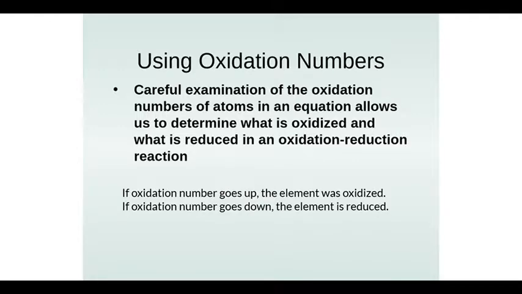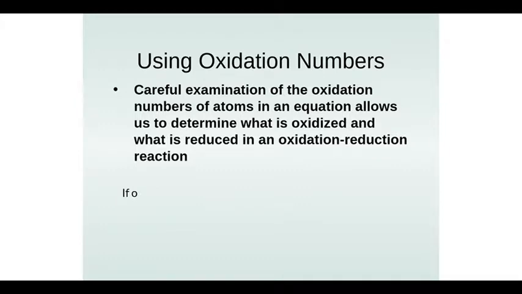So using our oxidation numbers from last time, we will be able to see in a reaction or a half reaction if an element was oxidized or reduced. Remember, oxidation numbers go by single elements at a time, even if it's a compound. If the number goes up from one side to the other, the element was oxidized.